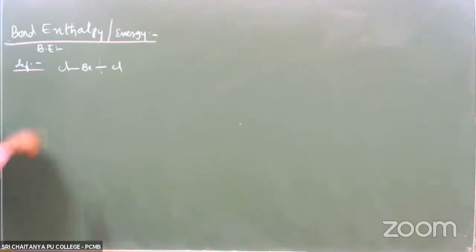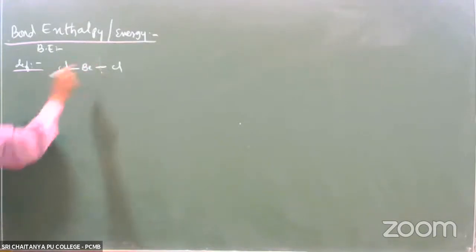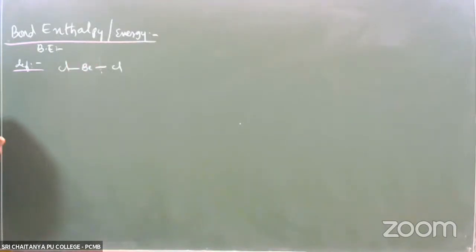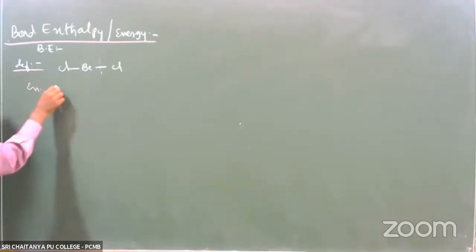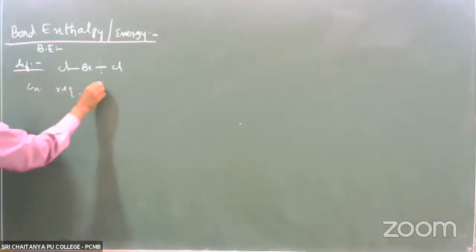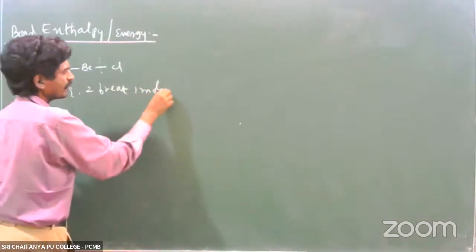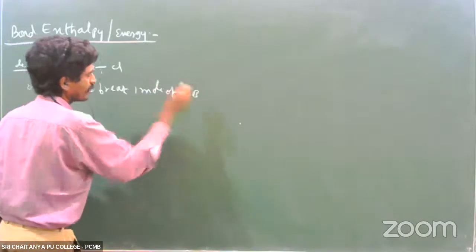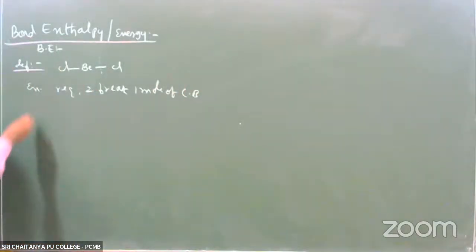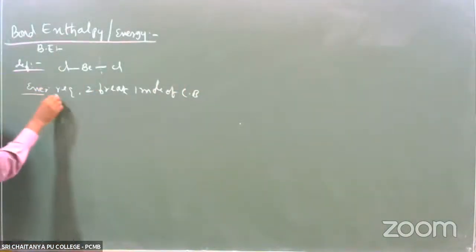The amount of energy which is required to break 1 mole of covalent bonds is called bond energy or bond enthalpy.